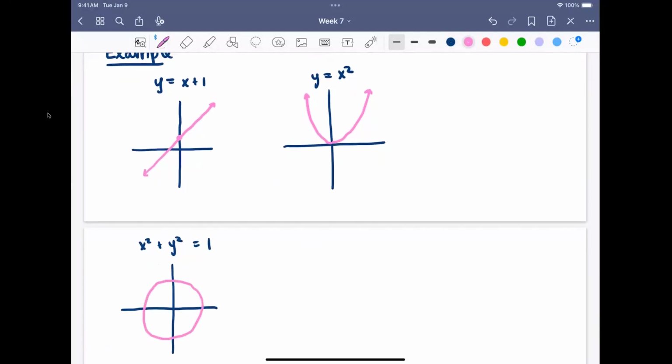I could rearrange this, so maybe I would get y squared is equal to 1 minus x squared. And then I can take the square root and I get y is equal to plus or minus the square root of 1 minus x squared. So in this case, we can still solve for y. If I wanted to figure out what this shape looks like, I would just plug in x values, get 2 possible outputs for y, and then I would just plot them.